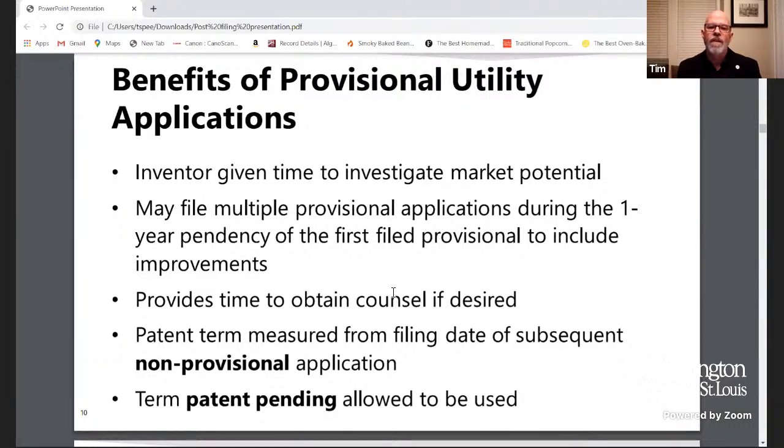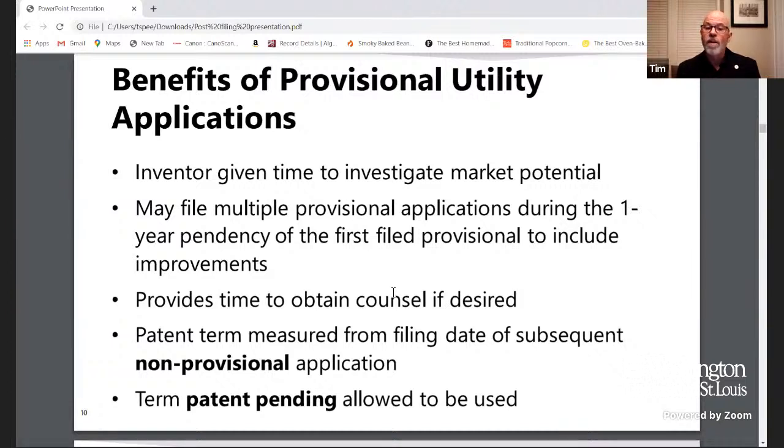There are things you can do: if you disclose your invention in public and then you don't file an application within a year, or you offer it for sale, those can be bars to a patent down the road. So when you talk about investigating the market, you do need to be careful to some extent in the way you do that. And that's something that you need to look into as you go forward with your invention.